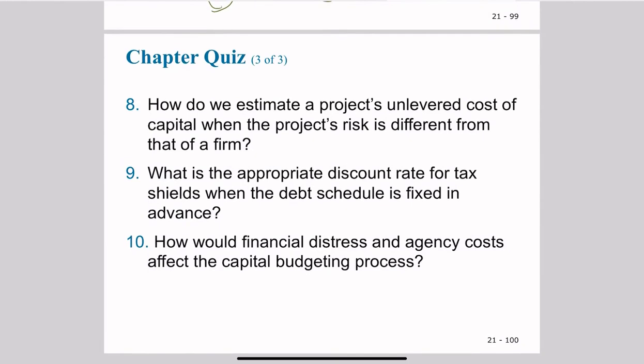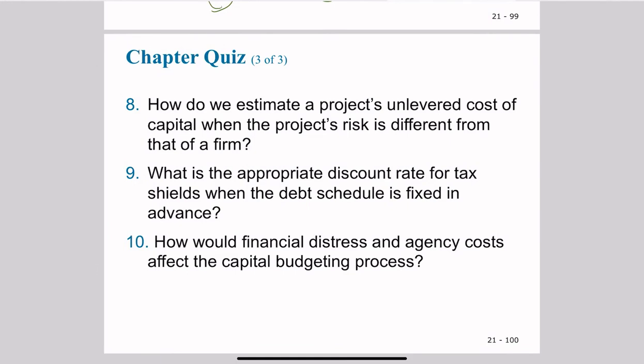10th, how would financial distress and agency costs affect the capital budgeting process? Basically, you have to adjust two things. The first is that, because of the additional costs from financial distress and agency problems, you will have to deduct those costs from your project's cash flows.